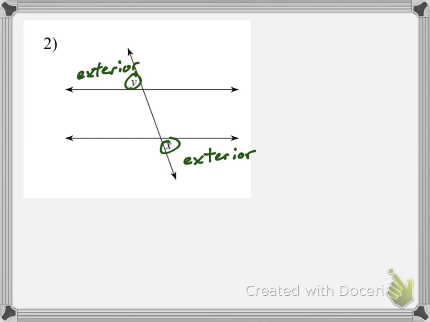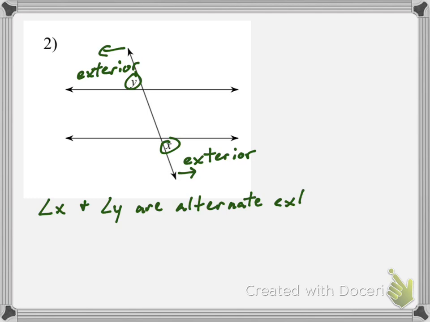Y is on this side of the transversal, X is on this side of the transversal, so angle X and angle Y are alternate exterior angles. Again, we're going to assume that these 2 lines are parallel.